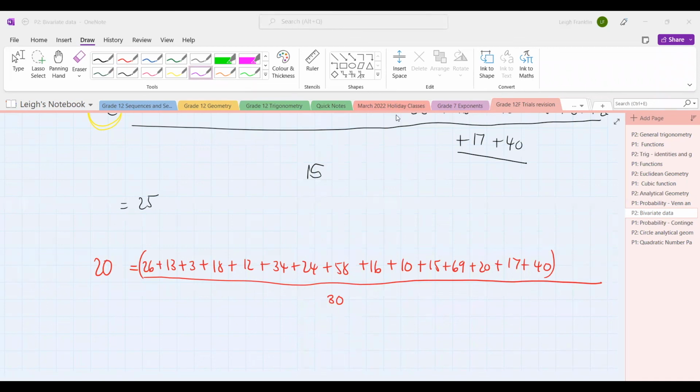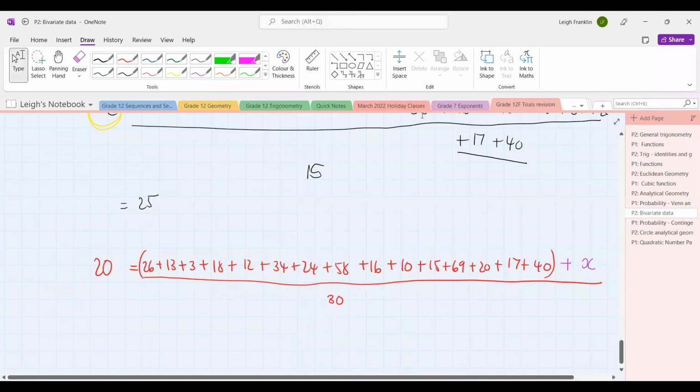Exactly. All right. So if we add the first 15 days to the next 15 days, and we want our average to be 20, we can then work out how much data she can use for the remainder of the month.